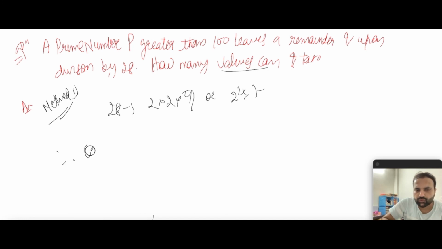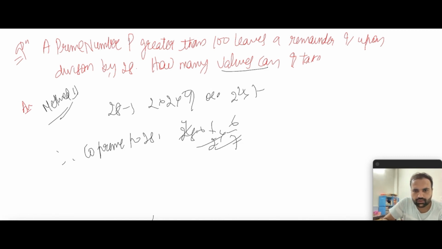Therefore, numbers co-prime to 28 will be 28 into 1 by 2 into 6 by 7, which is 12. Simple. That's the answer, because we need to take co-prime.